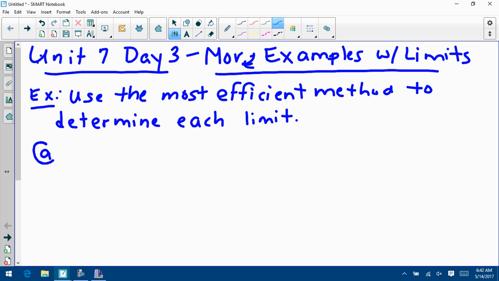And the first one we're going to do is the limit as x approaches 2 of radical x plus 2 minus 2 all over x minus 2.